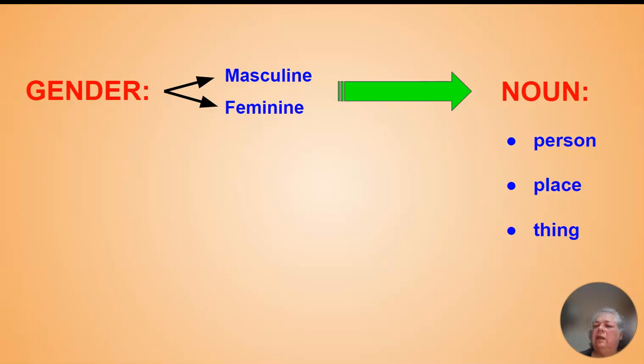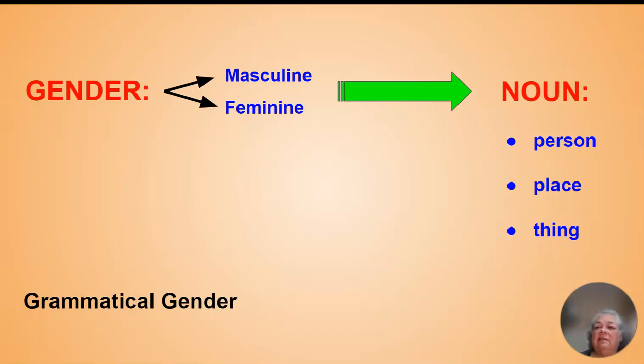So, okay, other than person, you may be questioning how can a place and how can a thing have gender? Well, we're talking about languages. You need to remember that. Many languages, and Spanish is one of them, have something that is called grammatical gender.